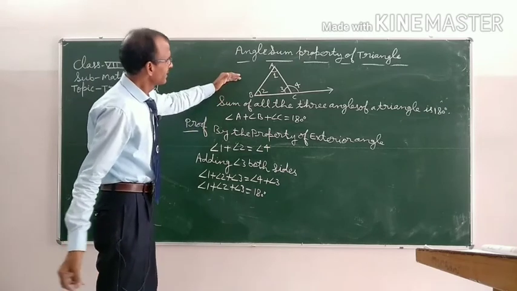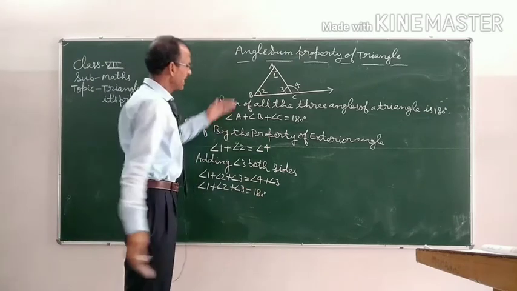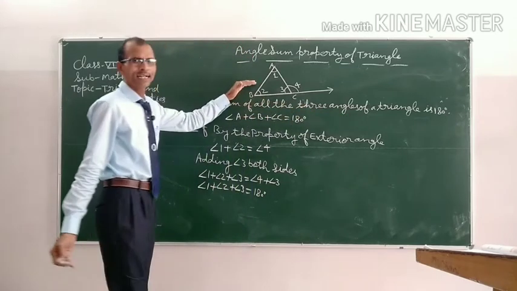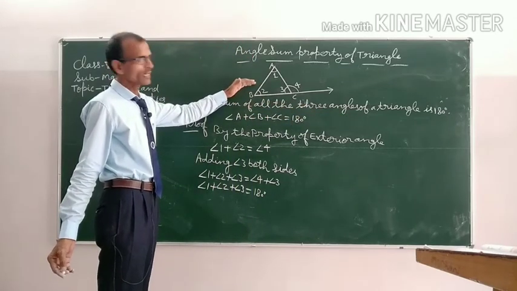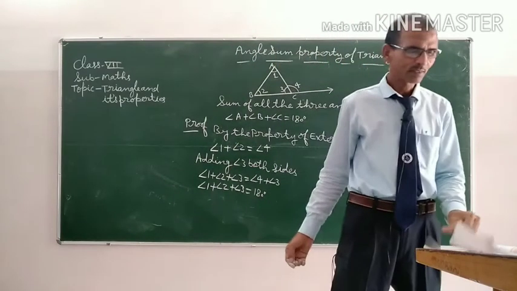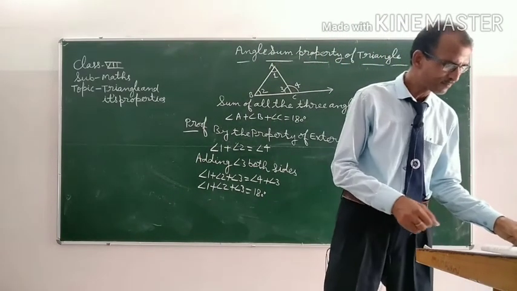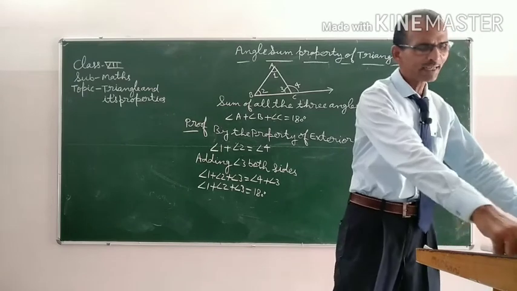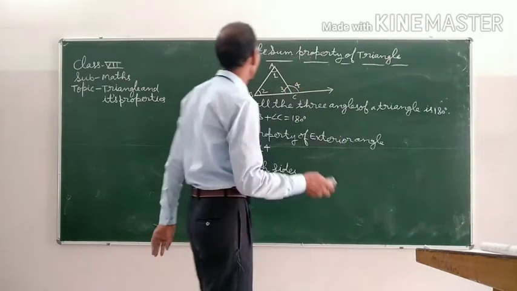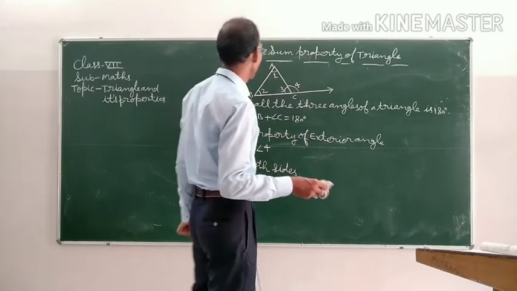This way we can prove that sum of all the three angles of a triangle is 180 degree. Okay students? Now we will see some problems on this topic. Now let us see exercise 6.3.